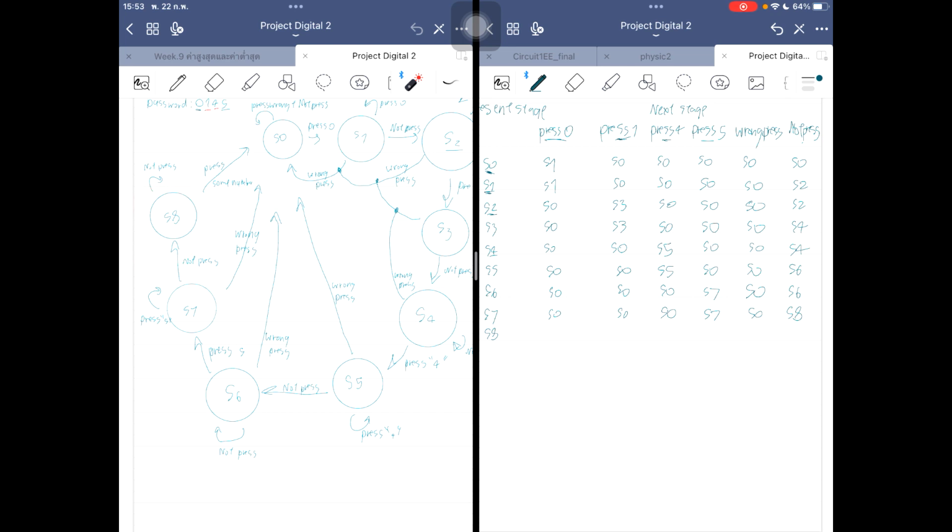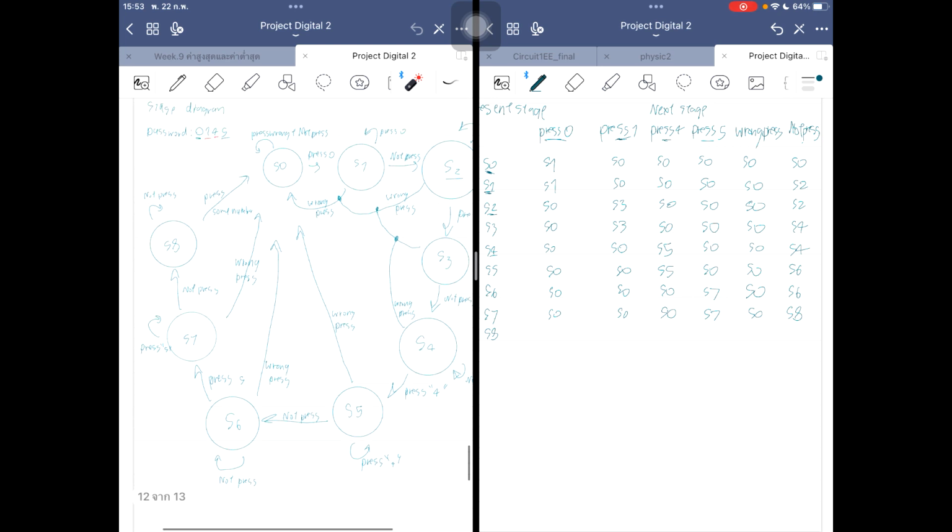In state 8, in my state diagram, when I press some number, they will go to the state 0 automatically. But if I do not press the button in state 8, then they will stay in the state 8 like this.